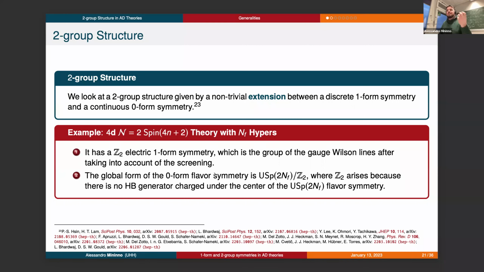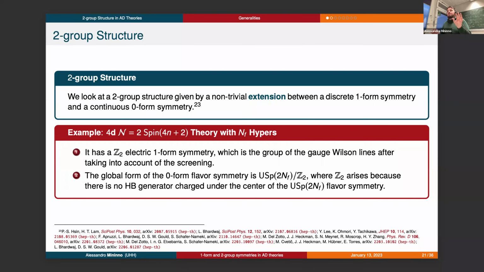This has a Z2 electric one-form symmetry, which is the group of the gauge Wilson lines after taking into account the screening by the matter on the Spin(4n+2) group. And then the global form of the zero-form flavor symmetry is USp(2NF)/Z2, where the Z2 arises because there are no generators of the Higgs branch that are charged under the center of USp(2NF), which is Z2.